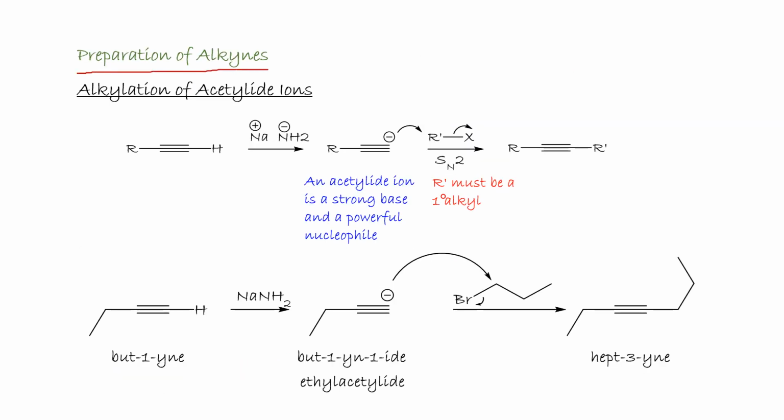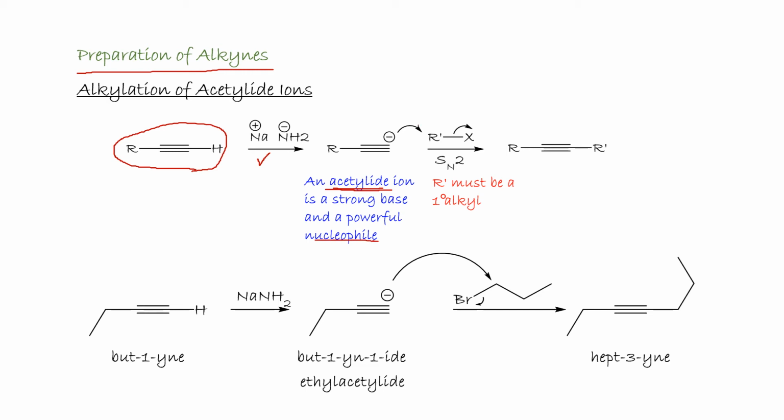Preparation of alkynes. Alkylation of the acetylide ion. So having the terminal alkyne with a strong base like sodium amide, we said that we were going to form the acetylide ion, that is a very powerful nucleophile.